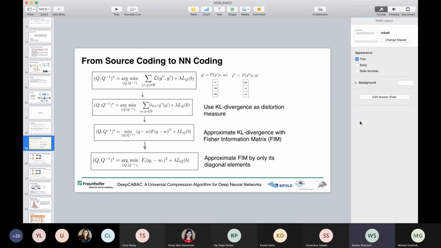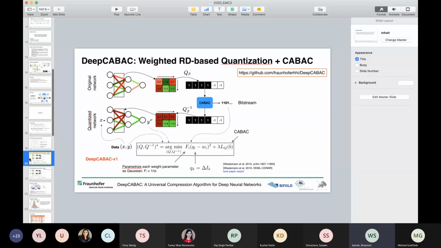But how to get these Fi's? What we did in our first paper, by the way, the code is also available at GitHub for DeepCABAC, is to estimate this Fi if you have a Bayesian neural network, where you regard every weight as a distribution, a Gaussian distribution with mean and variance.